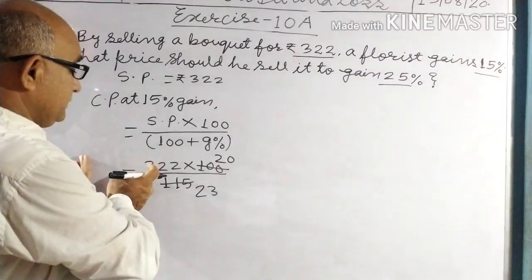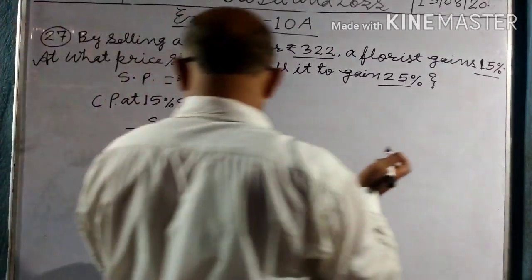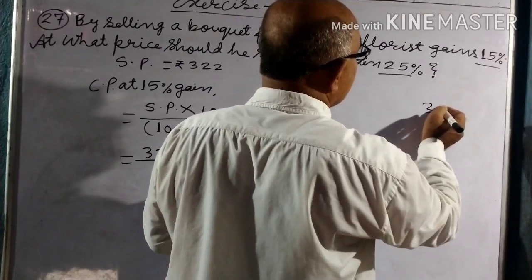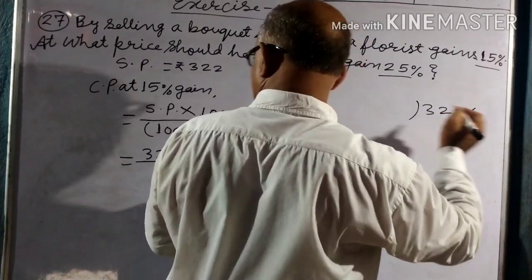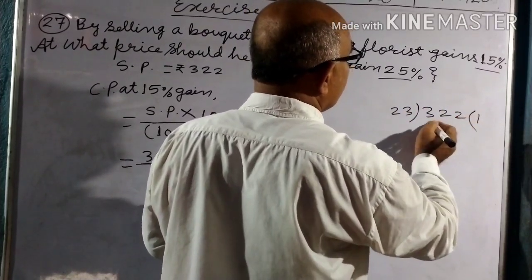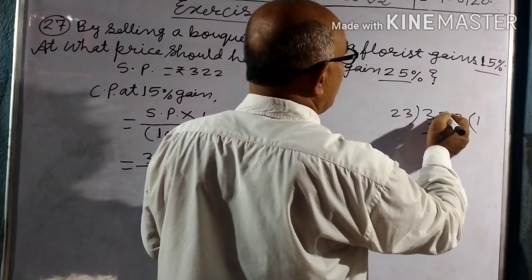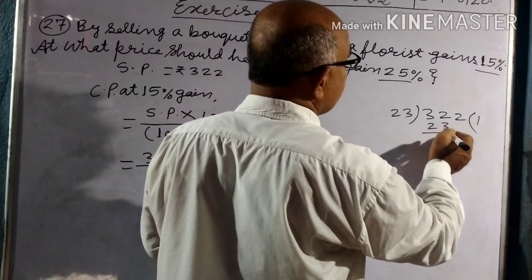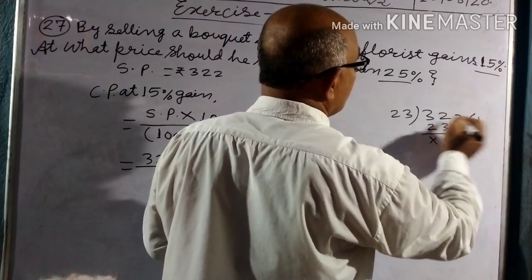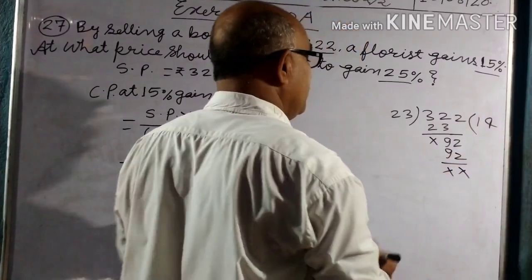Now divide it by 23. 322 divided by 23: one time 23, 12, 12 minus 3, 9, 23 fours are 92.